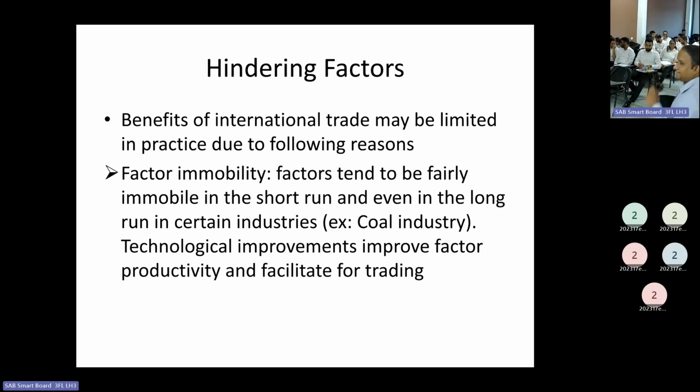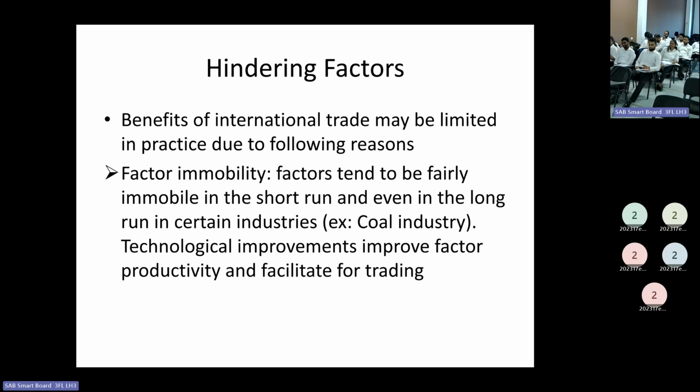Factor mobility: we cannot move the factors easily when we talk about international trade. That is one limitation we observe in practice, because it takes certain time.